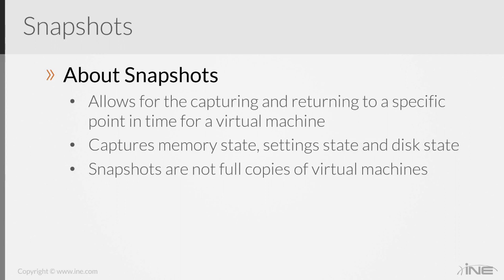You could create a snapshot before you install that update, and should something go wrong with that server after you have installed the update, you do have the option to revert the VM to the state that you captured before in your snapshot. It should be noted a snapshot is not a full copy of the virtual machine. We'll see that when we look at the different snapshot files.